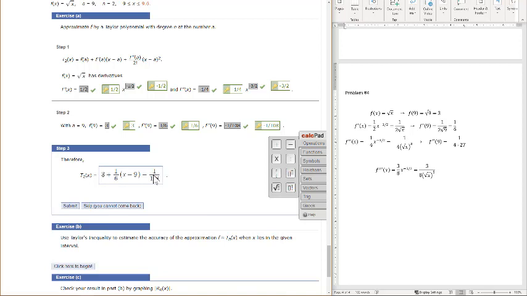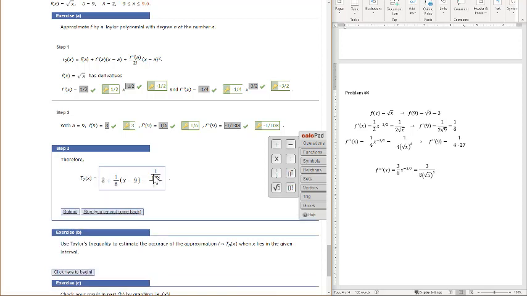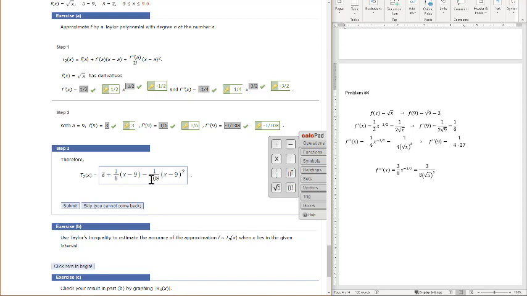And now we want to divide this by 2 factorial, which we'll simplify in a second. And then we have x minus 9 to the second power. So simplifying this, the 2 factorial is just 2, and 1/108 divided by 2 is like multiplying the denominator by 2. So let's take that out and just say multiply this by 2, and this is 216, and that should be good.